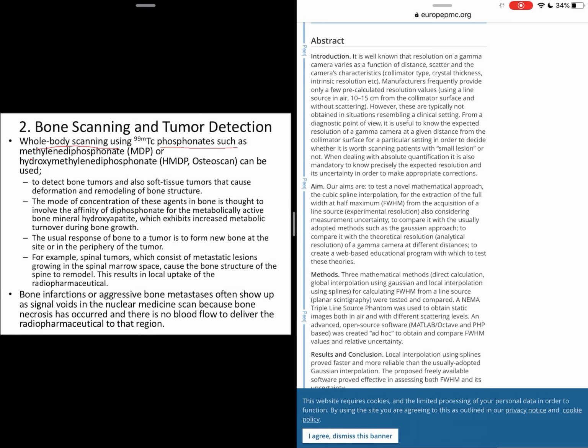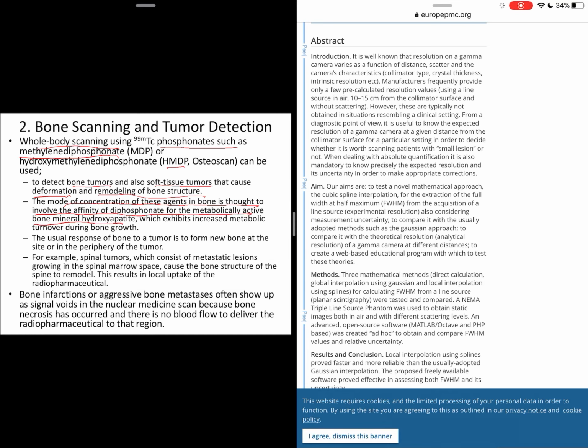So let's start with the bone scanning and tumor detection. The whole body scanning using technetium-99m phosphonates, such as this one. I don't want to say it in full, so I just say the short name, the MDP or HMDP, can be used to detect bone tumors and also soft tissue tumors that cause deformation and remodeling of bone structure.